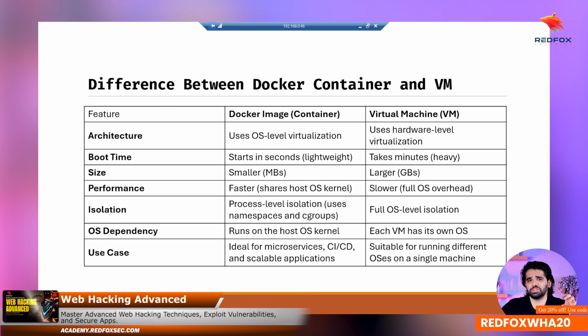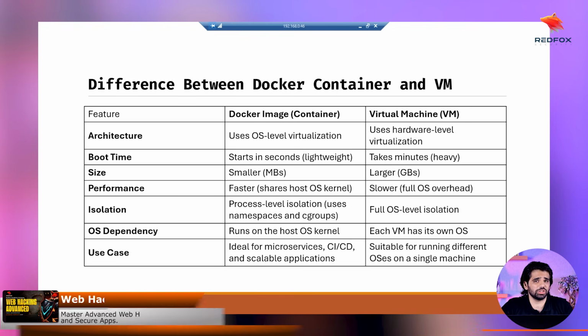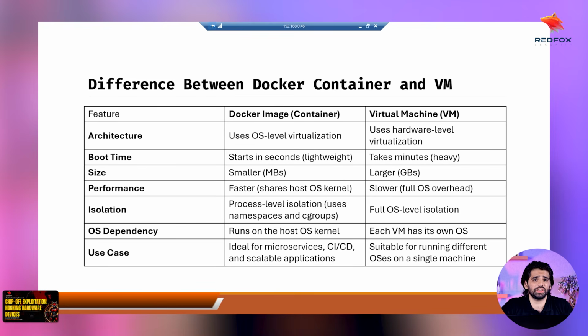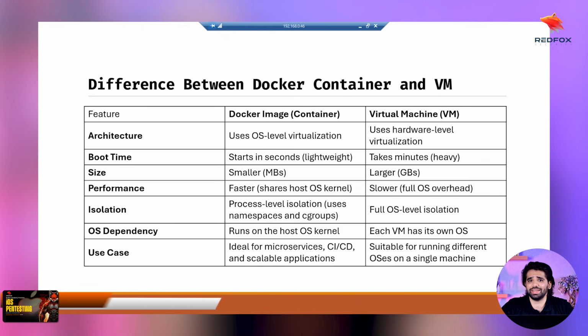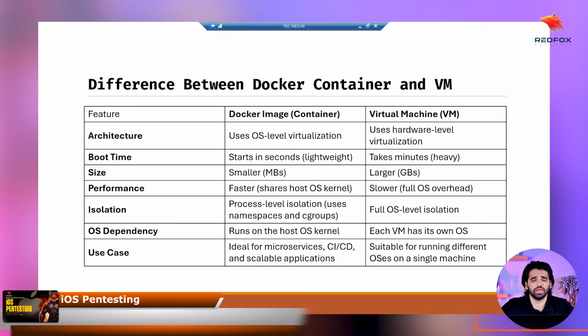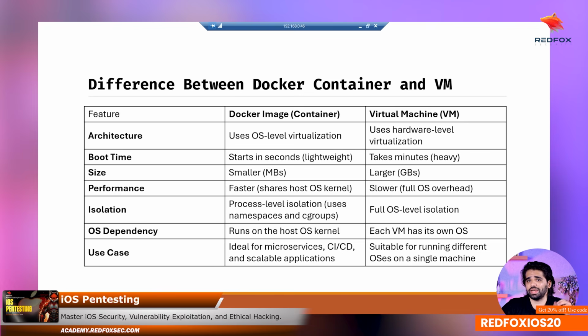So let me explain with an example. Imagine you own a restaurant and need to serve food to different customers. There are two ways to run your kitchen. Now let's try to understand this scenario with virtual machines. In this setup, every chef gets their own separate kitchen, complete with their own stove, fridge, and cooking space. While this ensures that each chef works independently, it also takes a lot of space and resources.